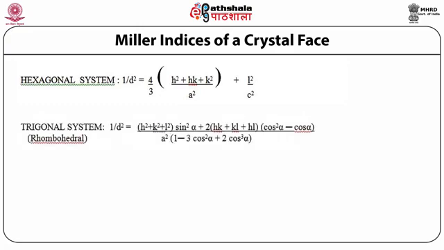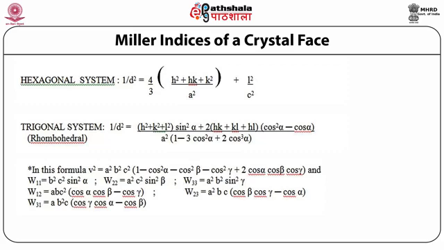For a trigonal system, 1 upon d squared is equal to h squared plus k squared plus l squared into sine squared alpha plus twice hk plus kl plus hl into cos squared alpha minus cos alpha, upon a squared into 1 minus 3 cos squared alpha plus twice cos cubed alpha.